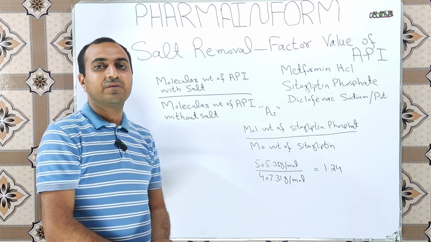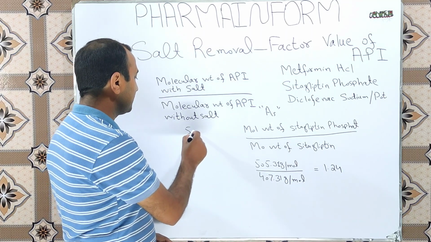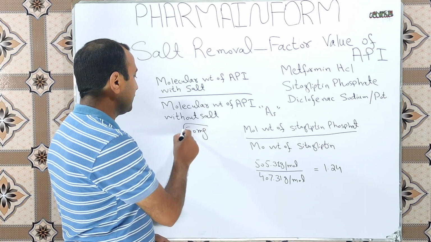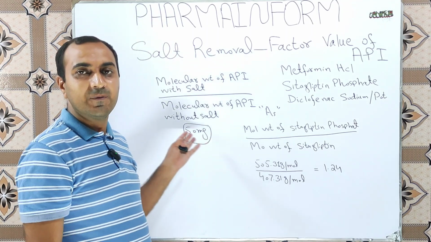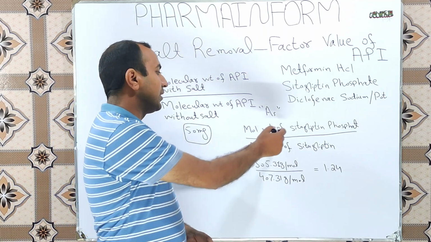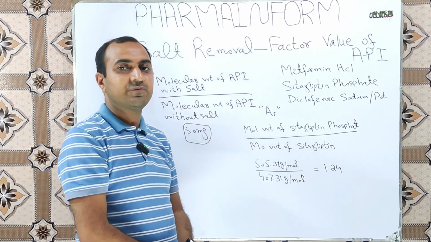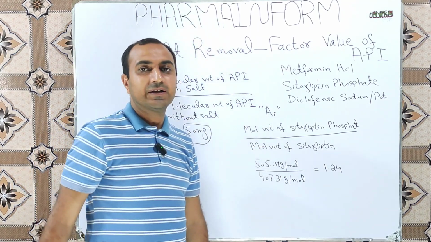Suppose our required tablet potency is 50 milligram. Meaning we want to prepare sitagliptin phosphate tablets of 50 milligram strength. We will use the formula: molecular weight of sitagliptin phosphate divided by molecular weight of sitagliptin.